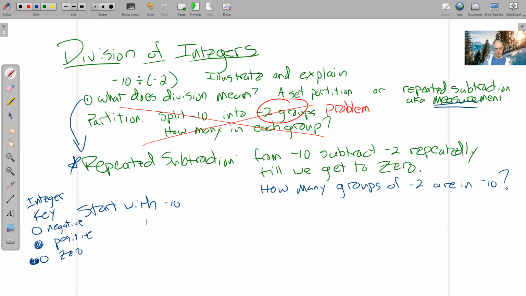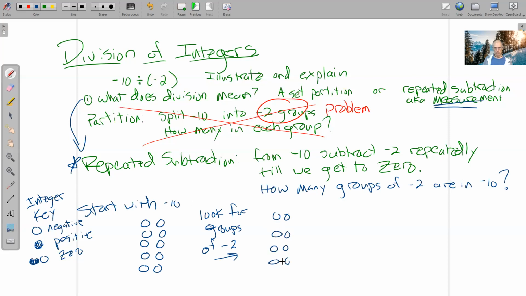So starting with -10, that would be 1, 2, 3, 4, 5, 6, 7, 8, 9, 10. I need to then look for groups of -2. So I'm just going to redraw that over here. Here's a group of -2, and here's a group of -2, and there's a group of -2. So I have a whole bunch of them, so I'm just going to isolate them.